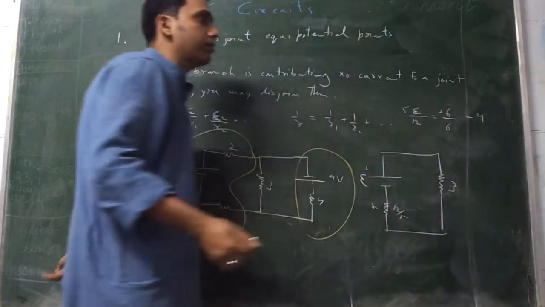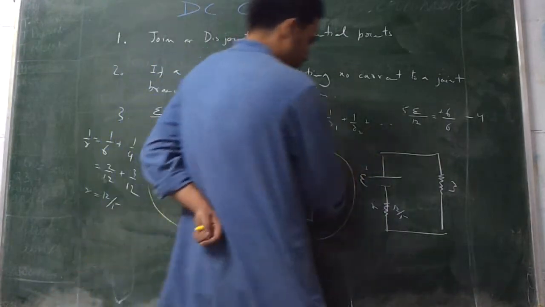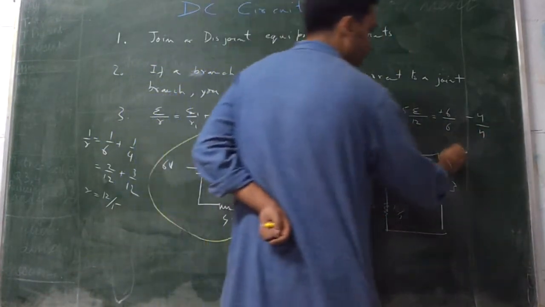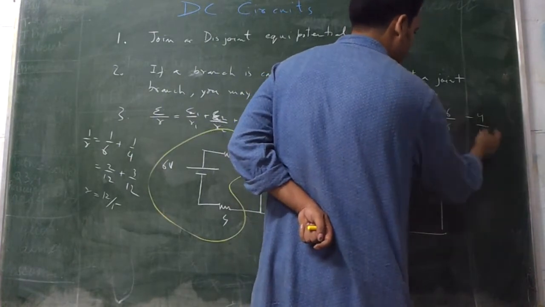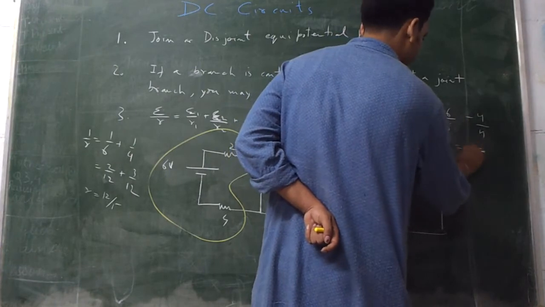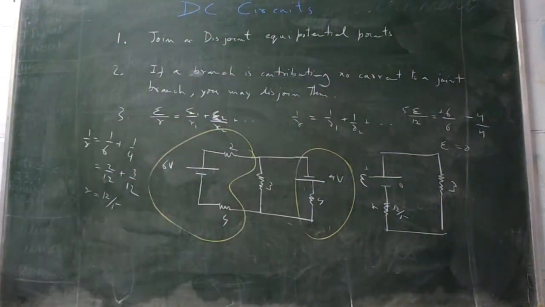Suppose our answer comes as minus, that means this battery is opposite in direction. So this is 4 divided by 4. So what we get over here is E is equal to 1 minus 1, and it is coming as 0 in this case. EMF is 0 in this case, hence no current is going over there.